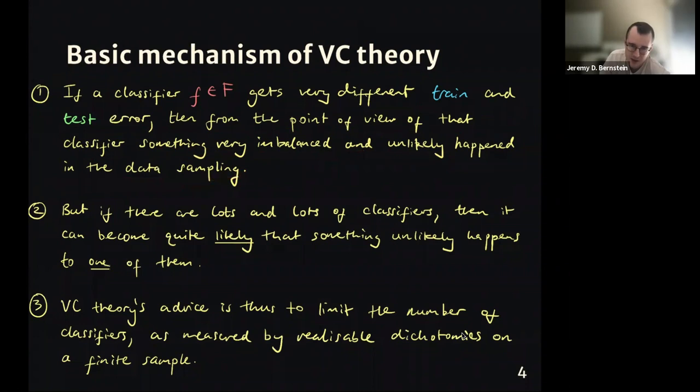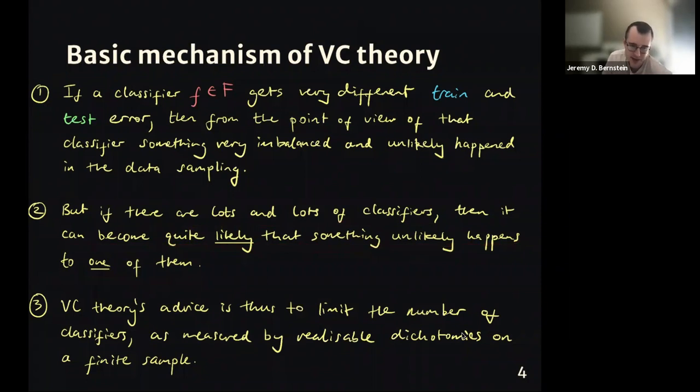You don't expect to compute 2 empirical means and get very different numbers on each one. But if there are lots and lots of classifiers, then it can become quite likely that something unlikely happens to one of them.